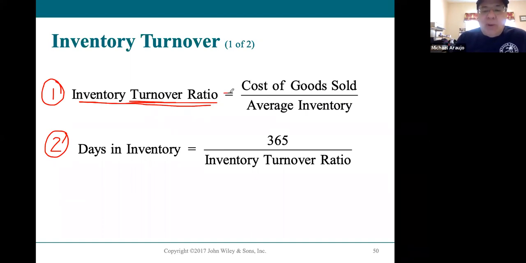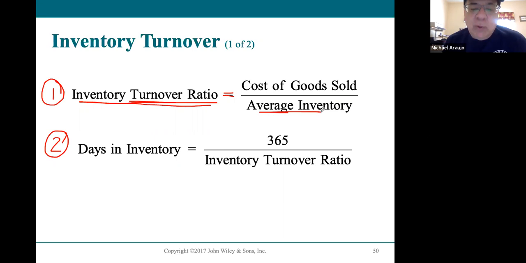So to get this ratio, we need three numbers, in fact. The first number is the cost of goods sold, which of course comes from the income statement. The second number is the average inventory. So that's the beginning inventory plus the ending inventory divided by 2, which will give you an average inventory.